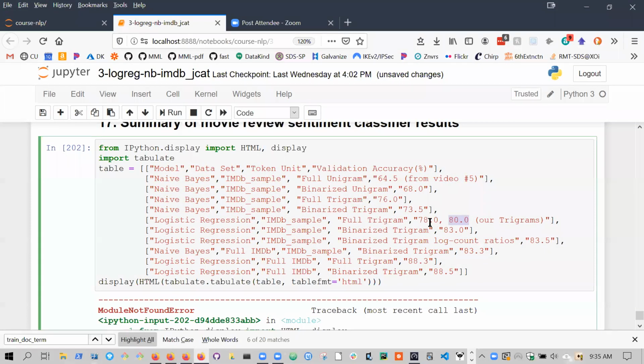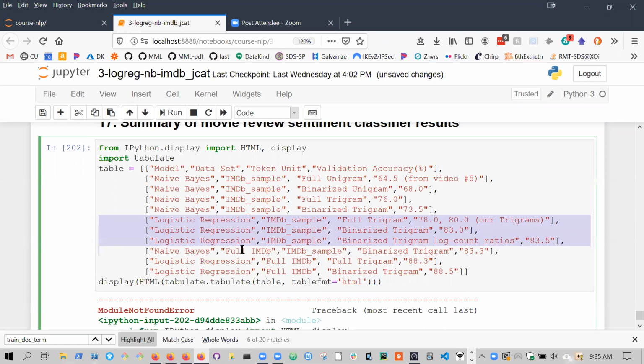So we got two results. One was from the scikit-learn trigrams, and one was from Rachel's trigrams, and she got a better result. Binarized trigrams, we got an even better result. And then it turns out that when we used the log count ratios, we got an even better result. That is with logistic regression. That's these three.